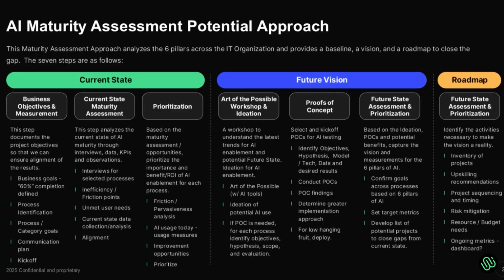We did one for one of the large-scale education institutes where we started figuring out what the use cases are, and then we put them into a prioritization workshop, right? So we had about 108 use cases. We figured out they can use it, and then we went to the next, the future state vision, an art of the possible workshop, where we start figuring out of these 108, which 5, 10, 15 can be really good for using AI in their area.